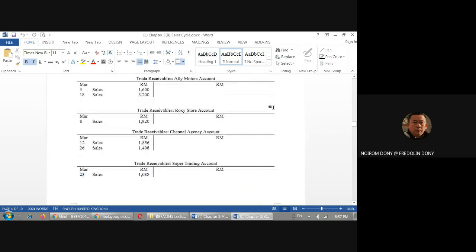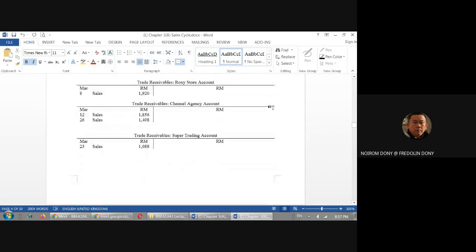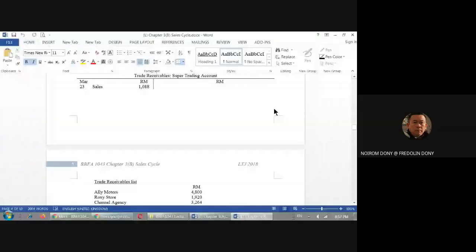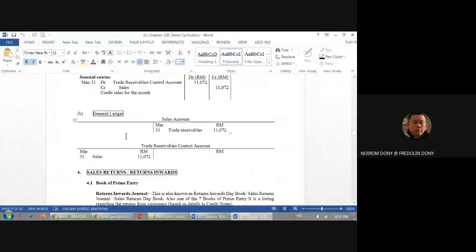Then in the general ledger, you open up the account, sales account and trade receivable control account. Following the prime entry, sales account is a revenue, so a credit item. So you record on the credit side: credit 11,072 and the date March 31st, from the bottom part of the prime entry.